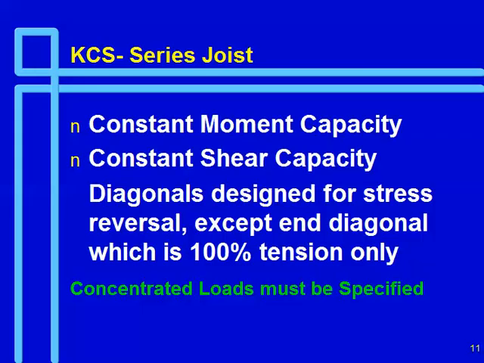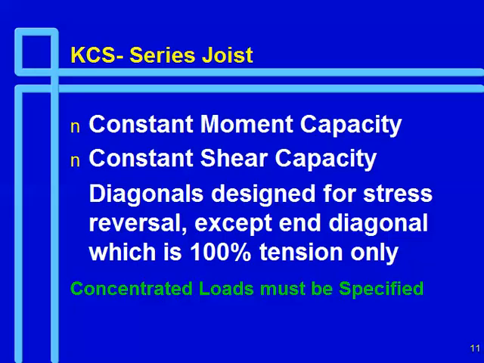It's designed so it can handle stress reversal too. A tension diagonal might become a compression diagonal, but it has the same capacity. So it's a nice joist to use if you don't know in the beginning exactly where a load's going to be, because it has a constant shear capacity.